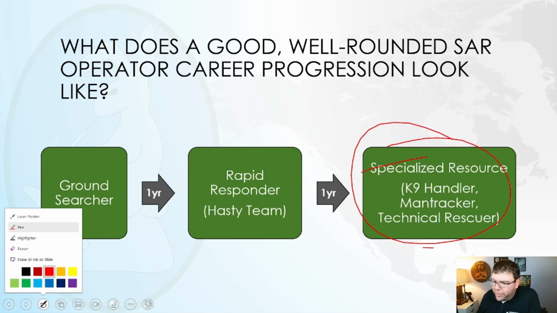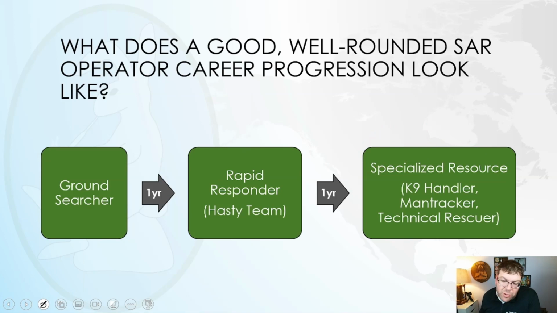It may cause a little bit of controversy. Some people may disagree. There may be instances where it makes sense for you to come in as a specialized resource, but in my experience, I would much rather have everybody trained as a ground searcher first, because as we get into this later on in the program, you'll see the resources that are required to really pull off a good ground search are a lot, and that's something that everybody should be trained at.